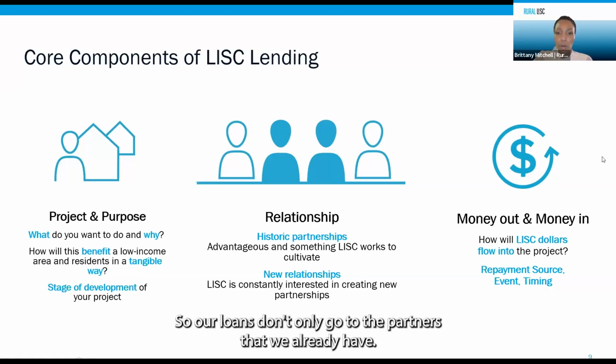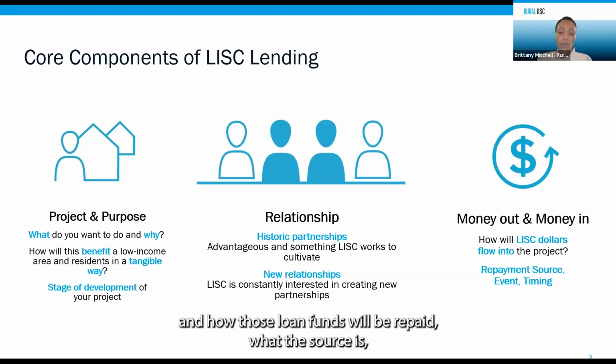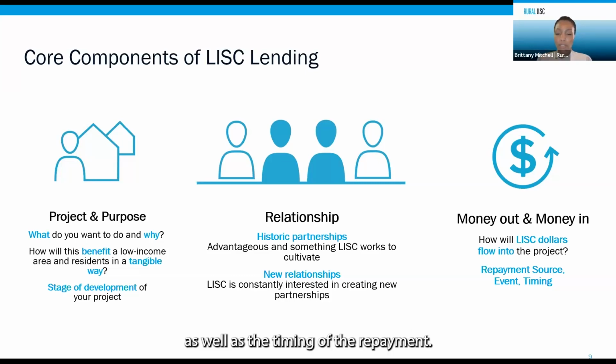So our loans don't only go to the partners that we already have. And then the other core component is money in and money out. We just really need to understand how LISC dollars will be used in the project and how those loan funds will be repaid, what the source is, as well as the timing of the repayment.